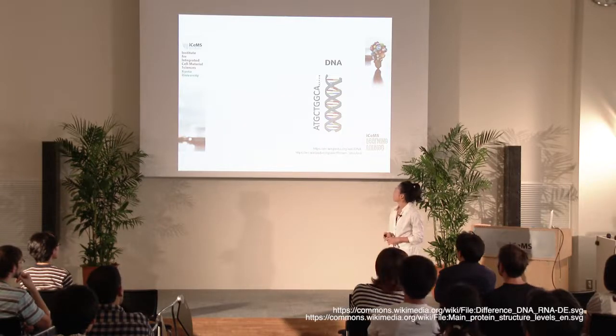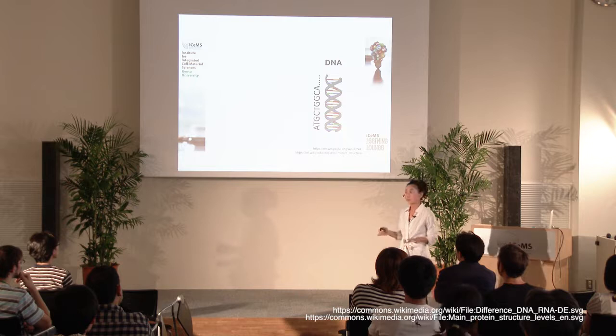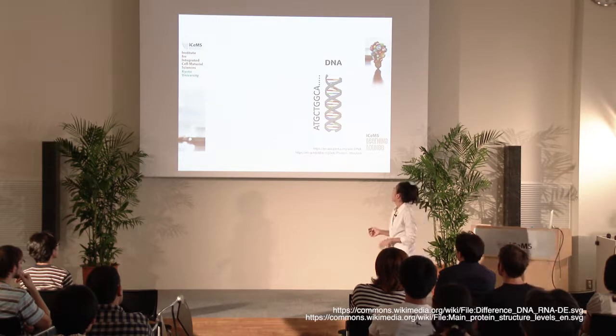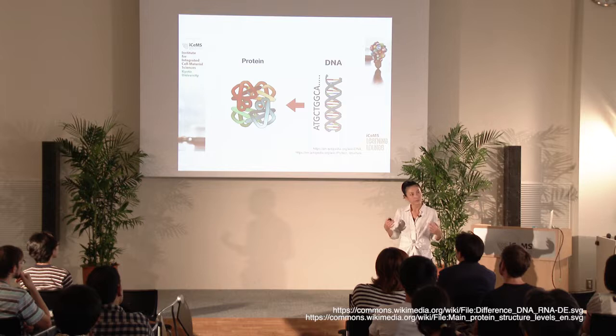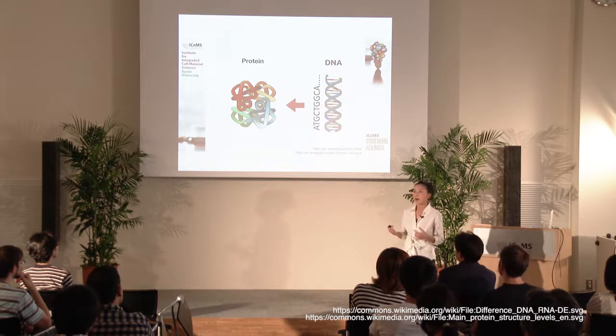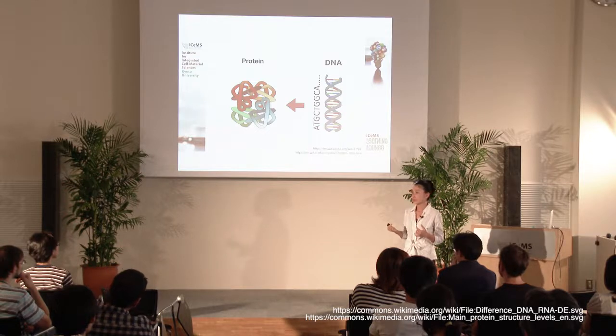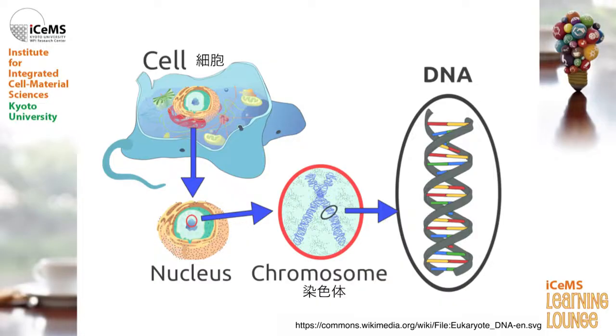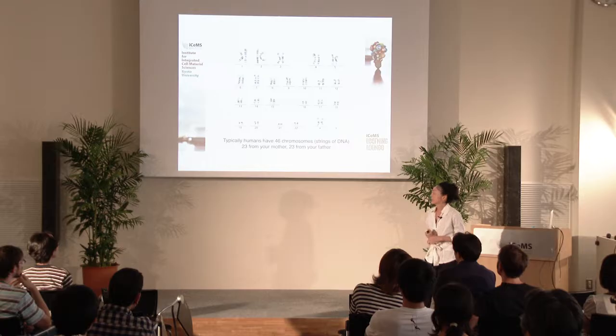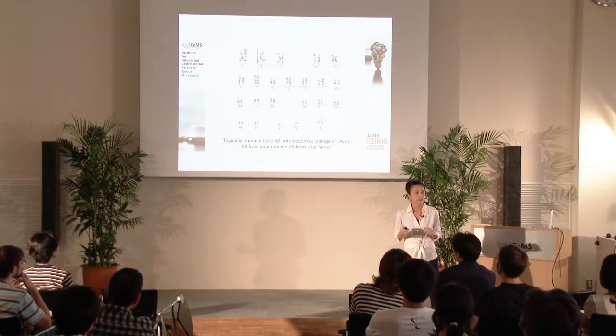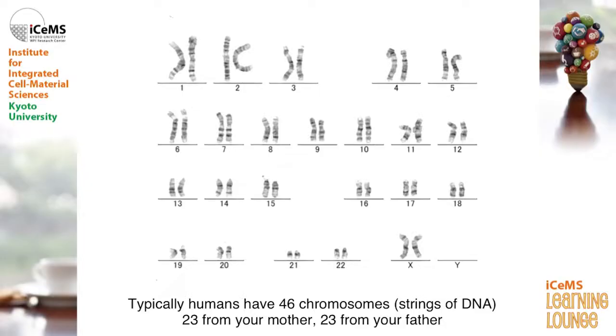DNA is composed of 4 different letters, A, T, G, C, and the sequence of these letters specifies what types of proteins are made and functional in our body. In our cells, DNA is organized by being wrapped around lots of proteins and exists as multiple strings called chromosomes. And this is what chromosomes actually look like in real life.